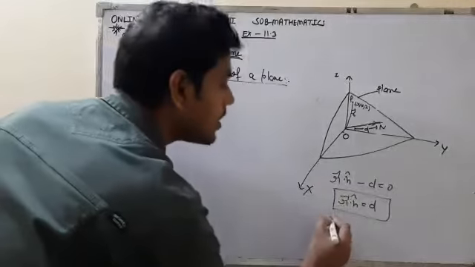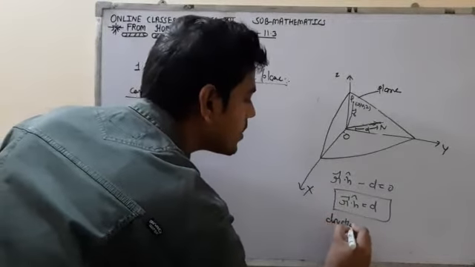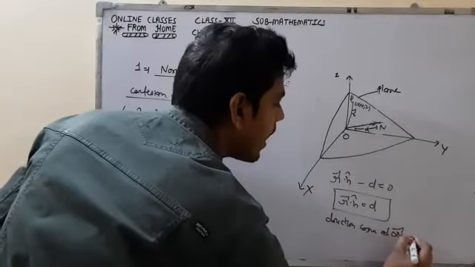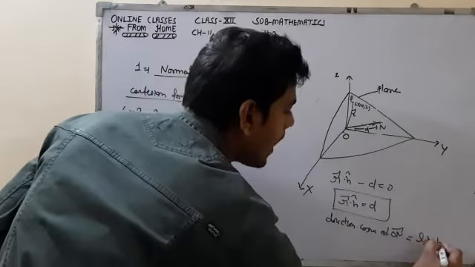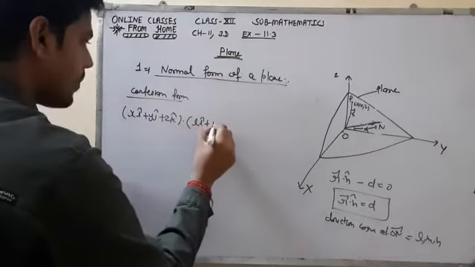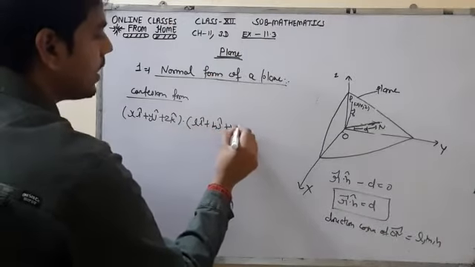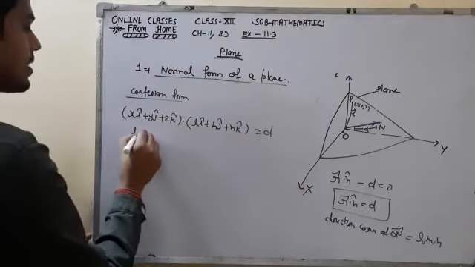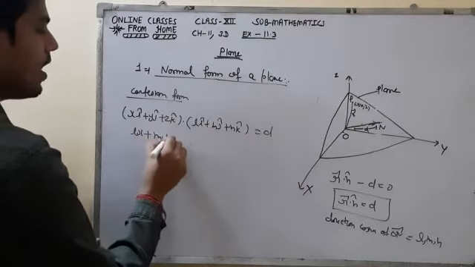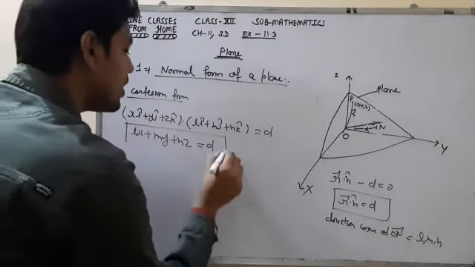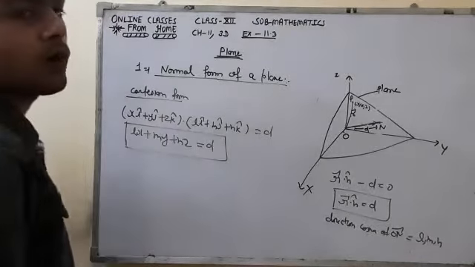So suppose the direction cosines of the ON vector are l, m and n. Then n cap would be l i cap plus m j cap plus n k cap, and r dot n cap equals d. So now dot multiplied, that would be lx plus my plus nz equals d. So this is the Cartesian equation of the normal form of a plane.